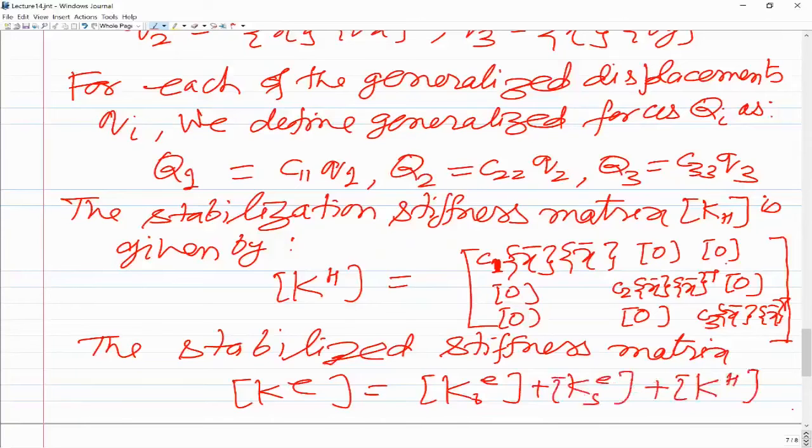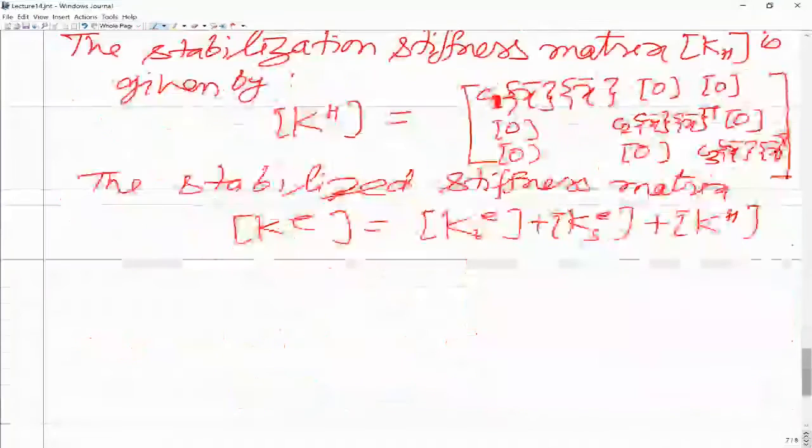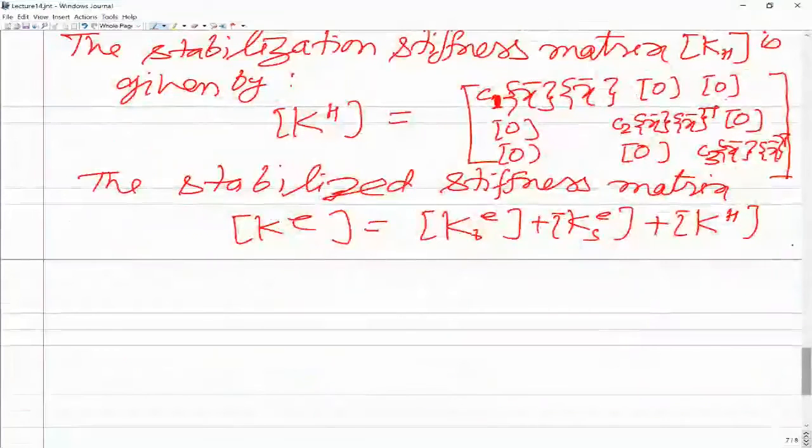Now one of the things here is how do we choose the constants c1 and c2. I have taken this treatment from a paper by Belytschko and Tsay, International Journal for Numerical Methods in Engineering, volume 19, 1983.